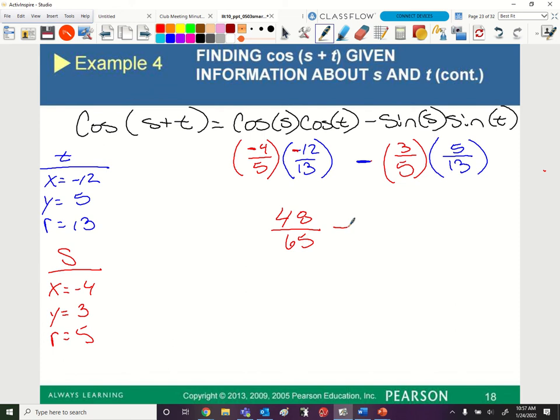Minus sign. Now, I'm over here. 3 times 5 is going to give me 15 on top. And on bottom is 5 times 13 is 65. Now, I have a common denominator of 65, and I can go ahead and just do the numerator now. So 48 minus 15 is going to give me 33 over 65 as my final answer.